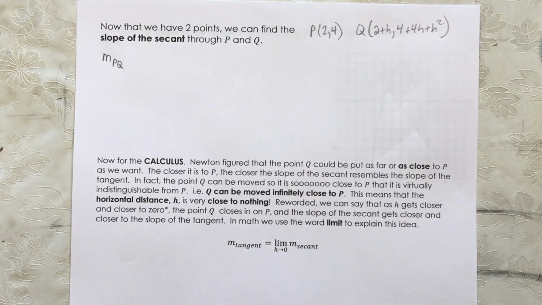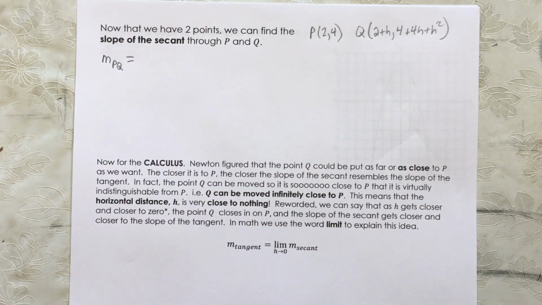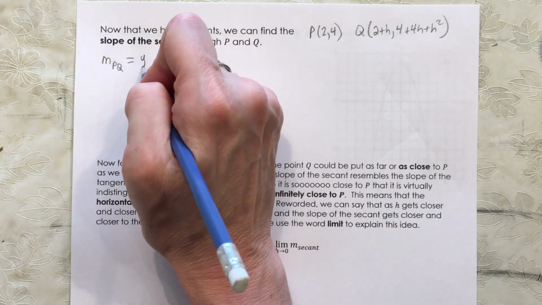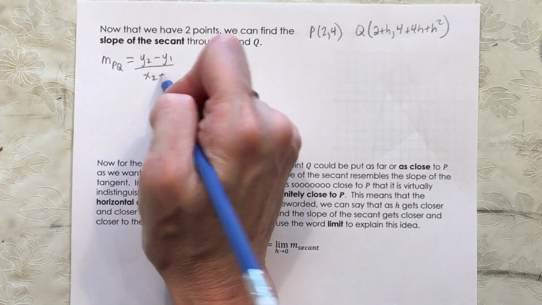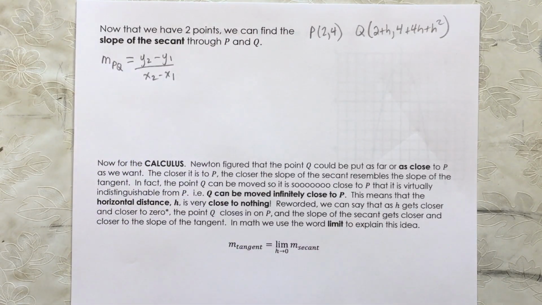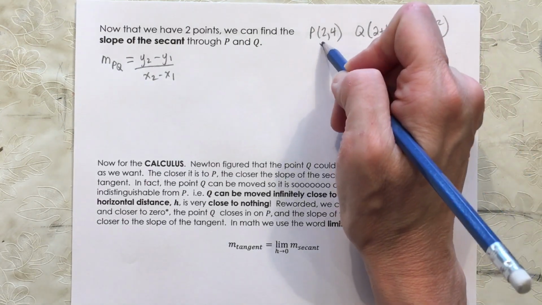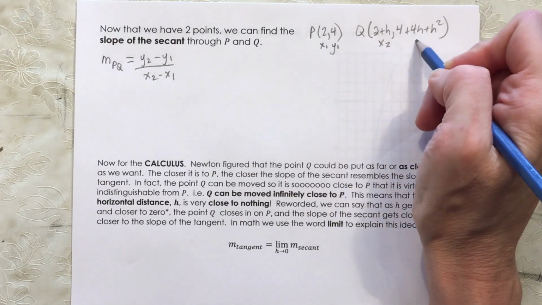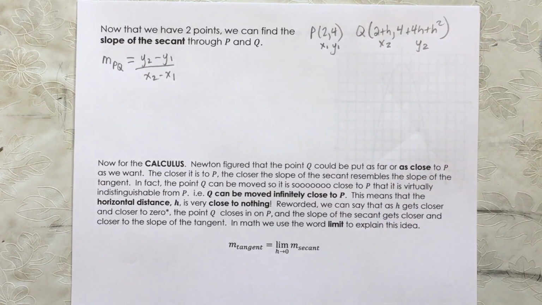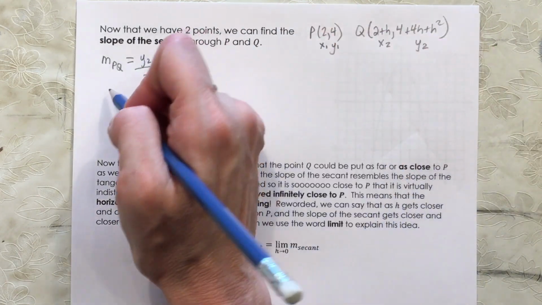So remember, finding the slope of the line that connects 2 points, we just do y2 minus y1 over x2 minus x1, our slope formula from grade 9. So here's P, that's going to be my x1, y1, and Q, that's going to be my x2, y2. Okay, so then I'm going to substitute in here.